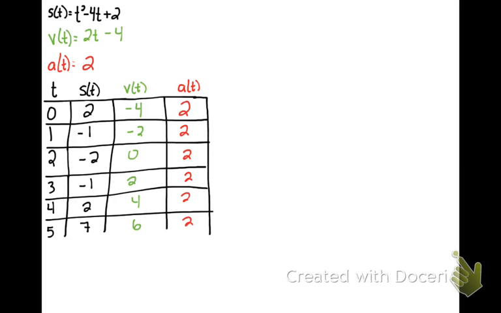So I know that initially the particle is at a position of 2. It's moving left because its velocity is negative, but since its acceleration is positive, I know that it's slowing down.